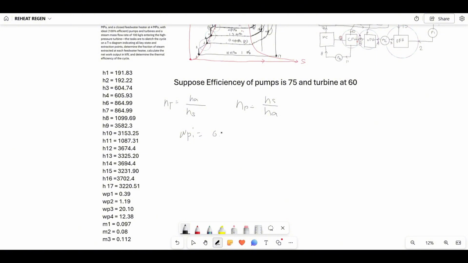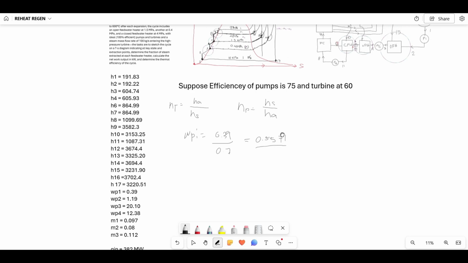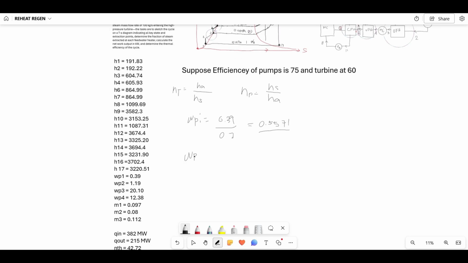So 0.39 over its efficiency of 0.7 yields a bigger one of 0.5571.